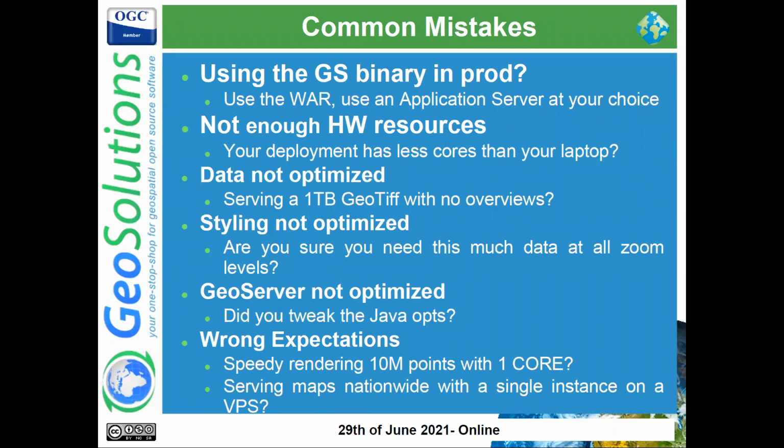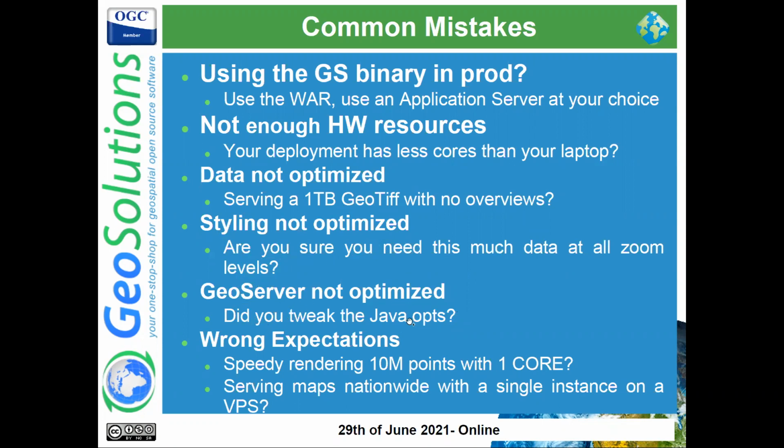Data is not optimized. We covered it in previous webinars. You can have a look at those on how to pre-process and publish your data correctly. And you can do the same at the styling level, which is covered in the other webinars as well.